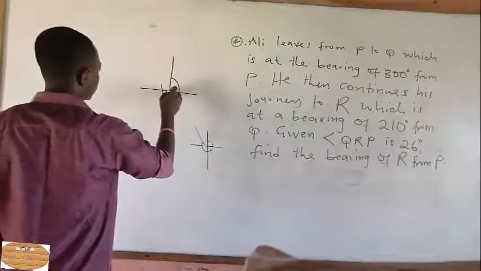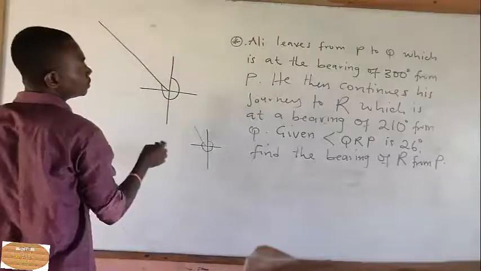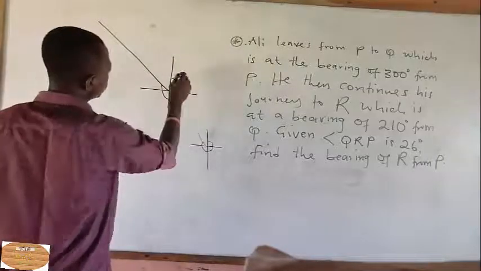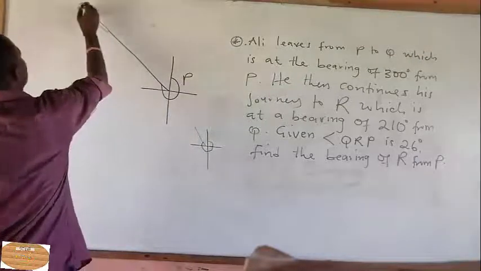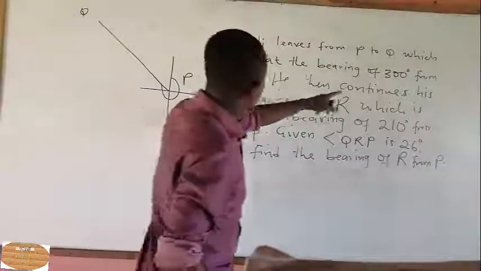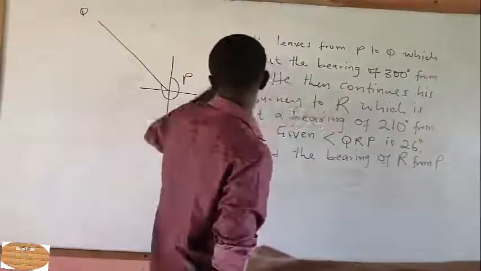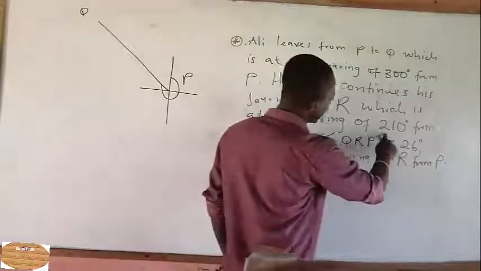So we move from P to K. I have this one there. He then continues his journey to R, so from K to R, which is at the bearing of 210.